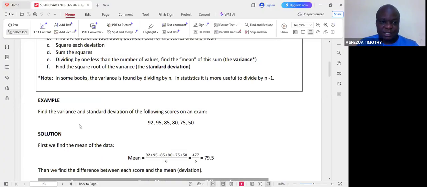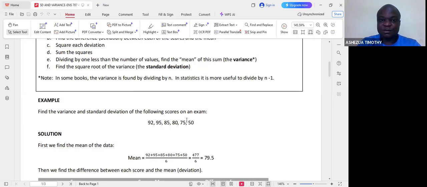Example: find the variance and standard deviation of the following scores on an exam. Now, you see this set is not the entire scores in the class. It's just a sample of the scores. So, first we find the mean of the data.